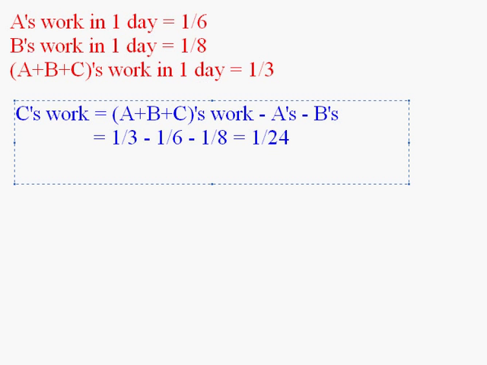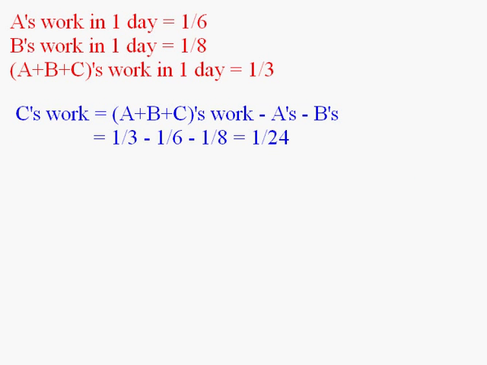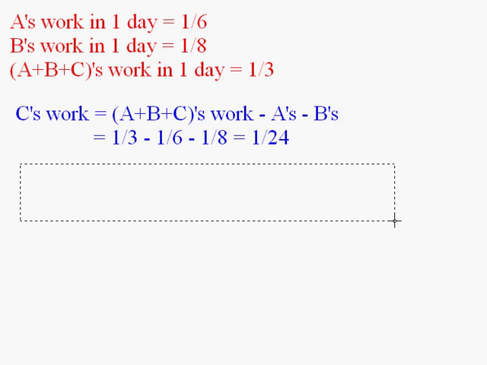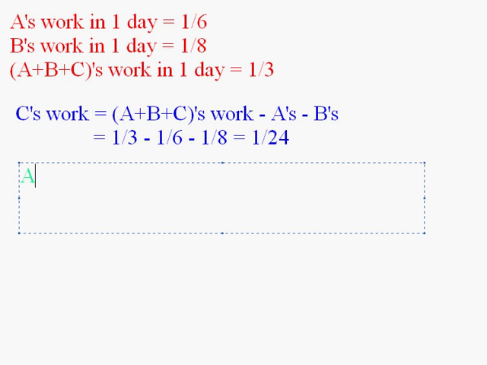So the ratio of work done by A, B and C is 1 upon 6, 1 upon 8 and 1 upon 24. If we multiply by 24, we get 4 is to 3 is to 1, right? So we just converted the fractions into integers.